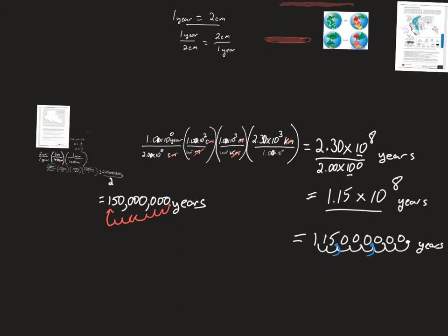It's easier for me to take 2.3 and divide by 2 rather than take 23 million divided by 2. Not that this is much more difficult, but it can lead you to make errors with all these zeros. I could have easily put 15 million or 150,000 instead of 150 million just because I have all those zeros.